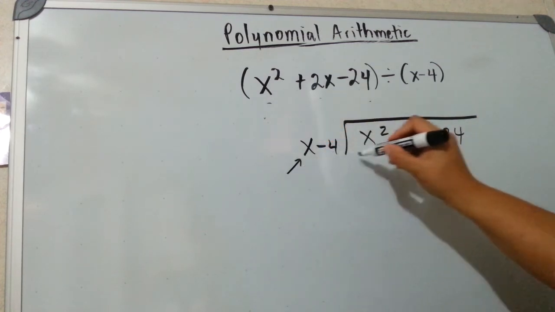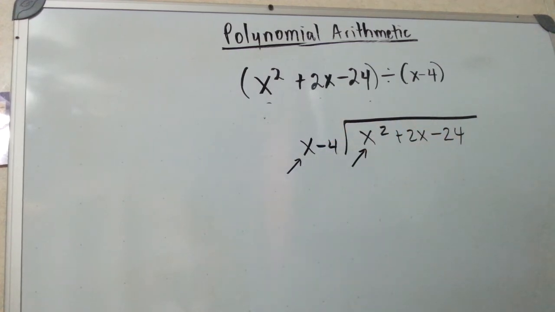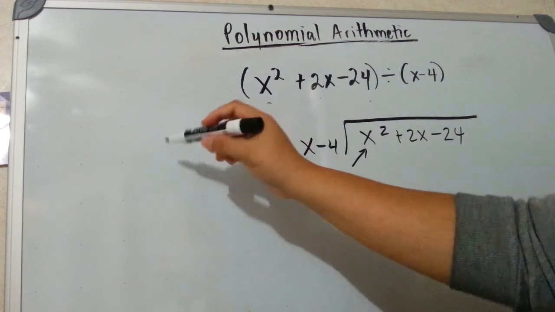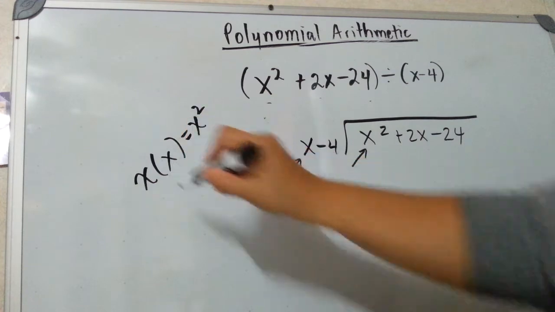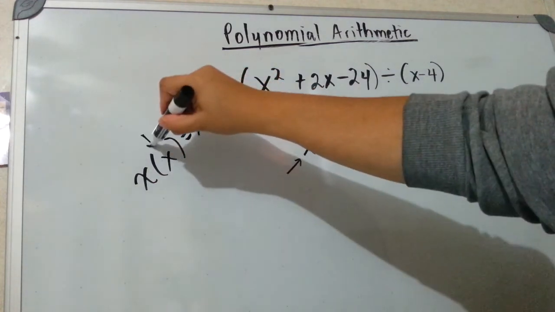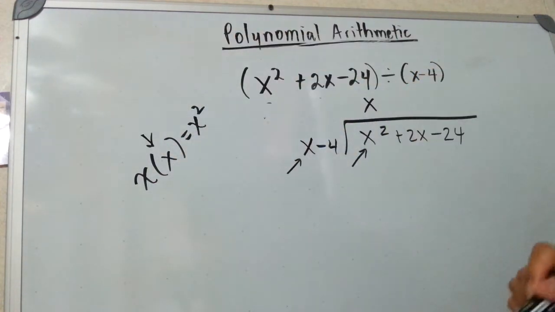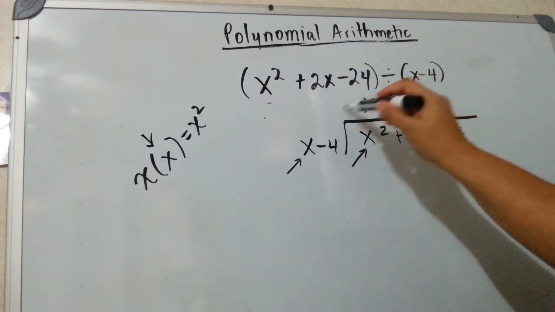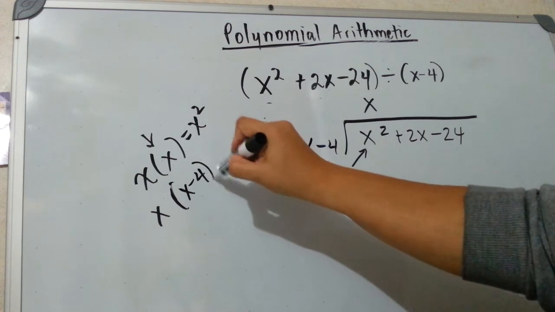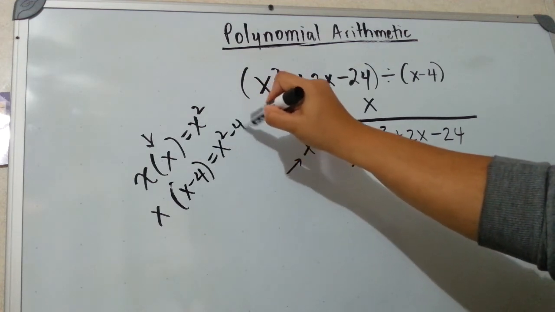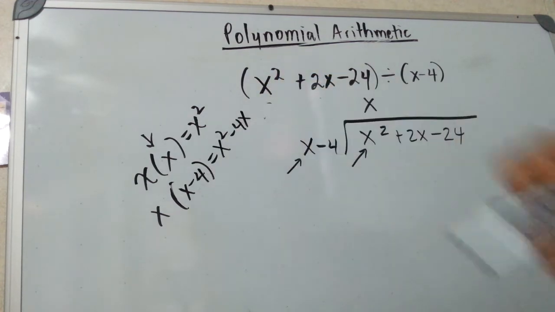And you focus on the first term. And what you do is you say x times what gives me x squared? Well, x times x. So this is what we need. Okay. Now we're going to multiply the x times the x minus 4. X squared minus 4x.